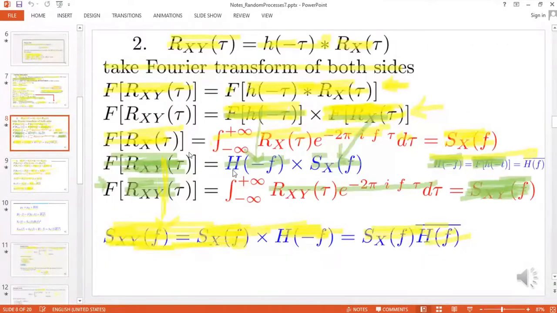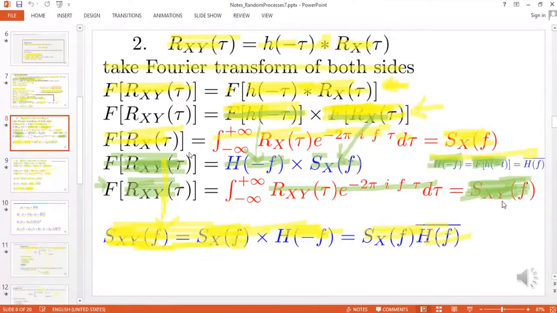Here we have used H of minus f. So the Fourier transform of the cross correlation R_xy(tau) is equal to this one, and we can define it like this because this is actually the cross spectral density.